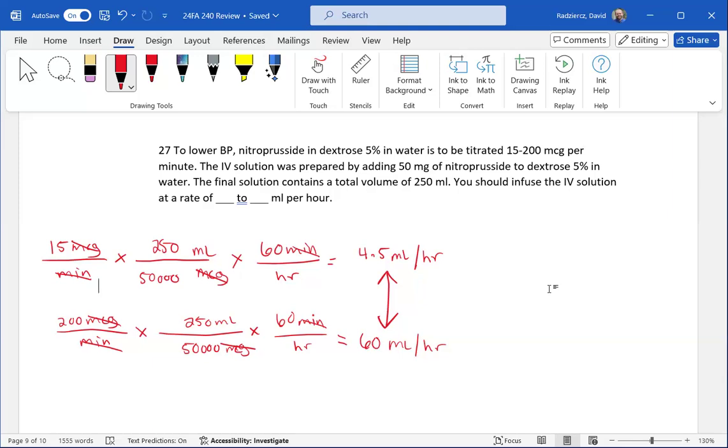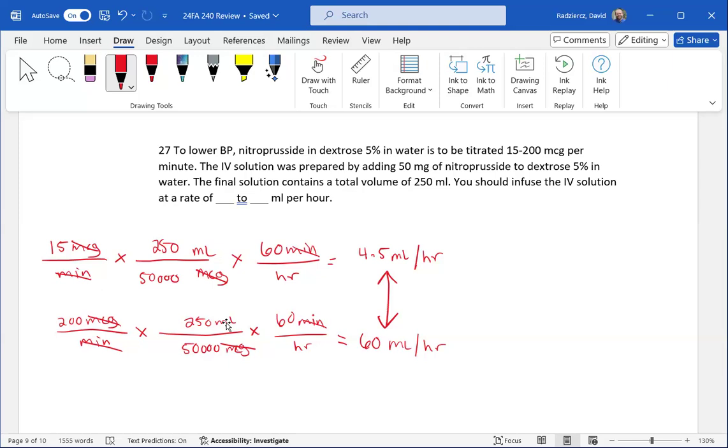And the way I did this, and most likely the way you did this as well, is you just took your 15 micrograms and then your 200 micrograms and just compared it to your available, and then you came up with your range.